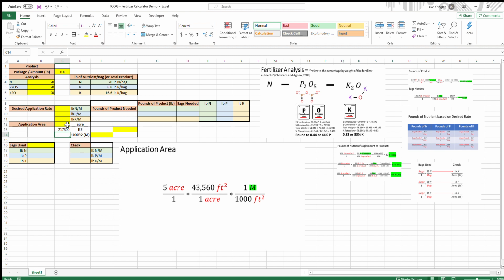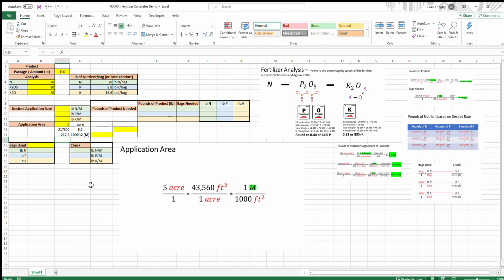Then to get our unit of 1,000 feet squared, we take our feet squared value and divide by 1,000. For simplicity and clarity, we typically use an M to indicate the 1,000 feet squared unit.